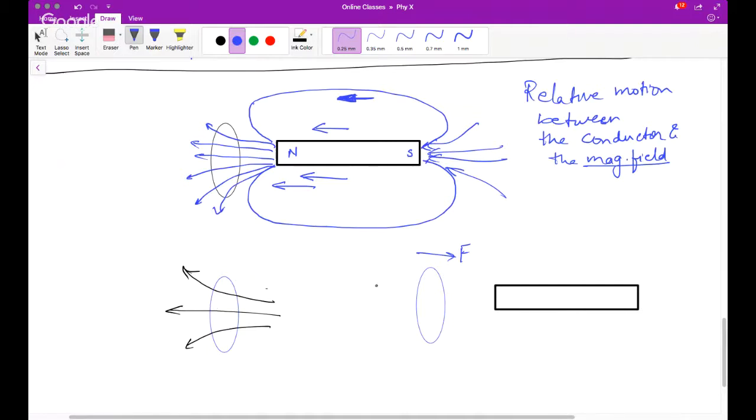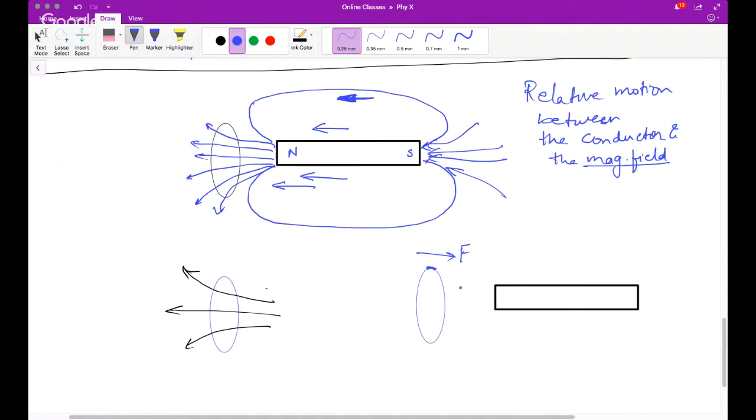So what is happening? If you see, this is the field line, isn't it? If you take one particular, let's say top of this, a very small portion of this ring, let's assume for all practical purposes that it is perpendicular there.